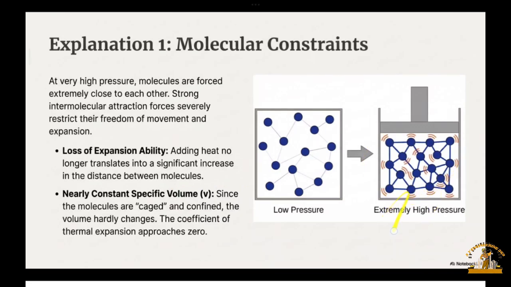Even if we put heat here, they can't release that heat anywhere, even to the boundaries. They just keep taking it. Nearly constant specific volume: since the molecules are caged and confined, the volume hardly changes. The coefficient of thermal expansion approaches zero.